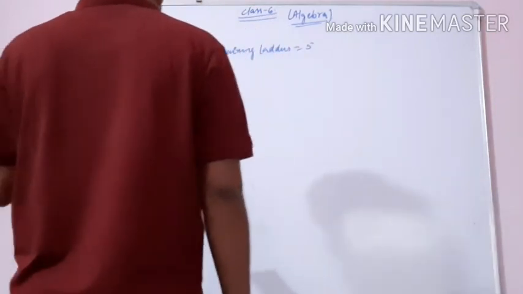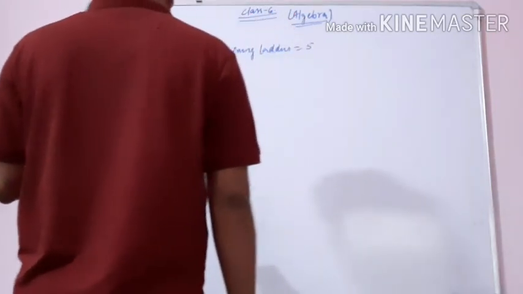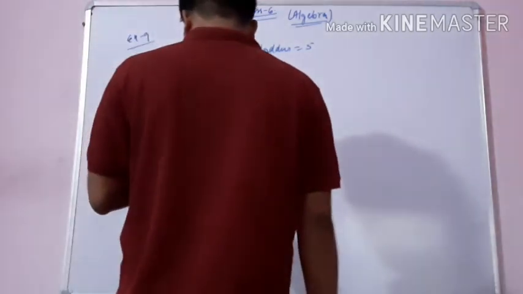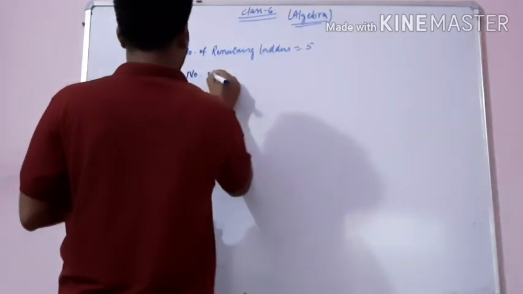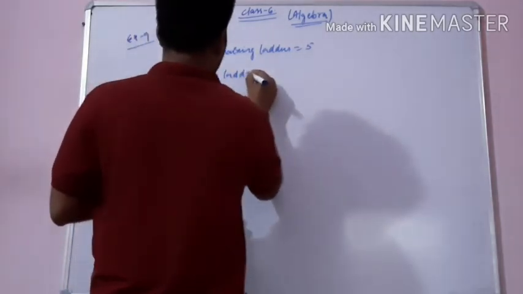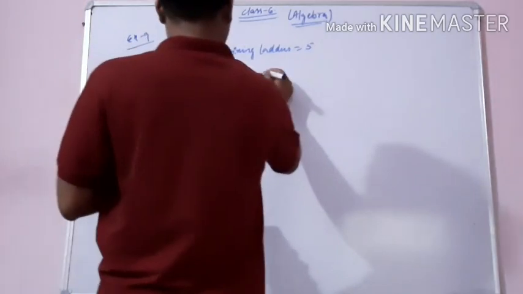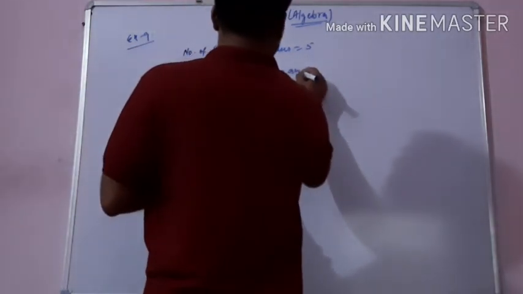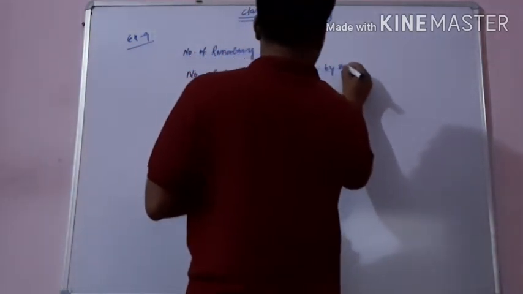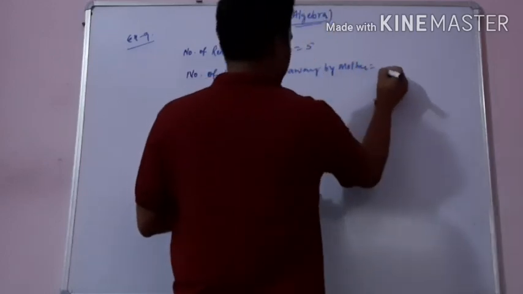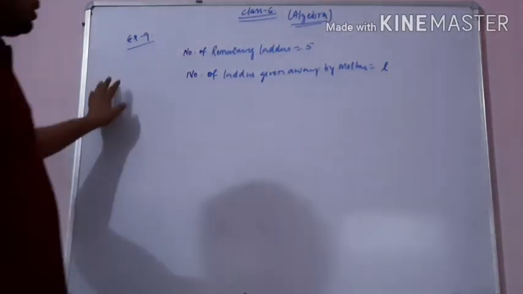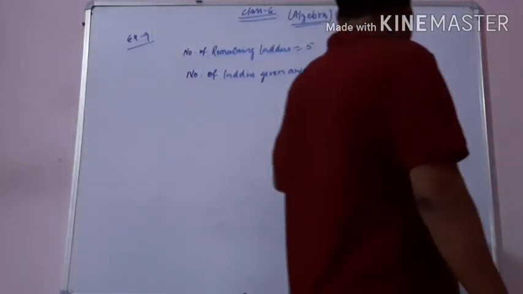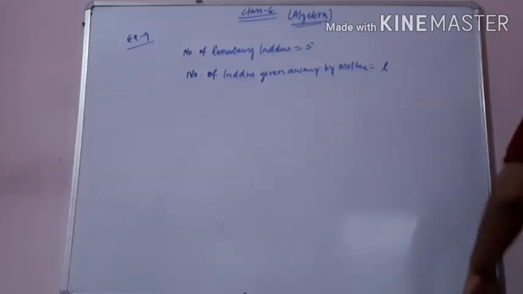If the number of laddus mother gave away is L, how many laddus did she make? The number of laddus given away by mother is L. In the problem it has been asked how many laddus she prepared.